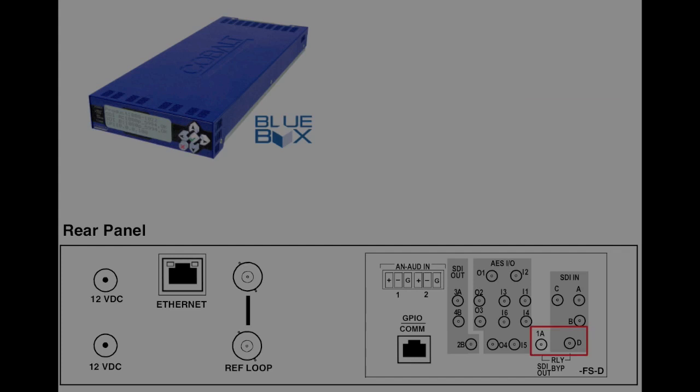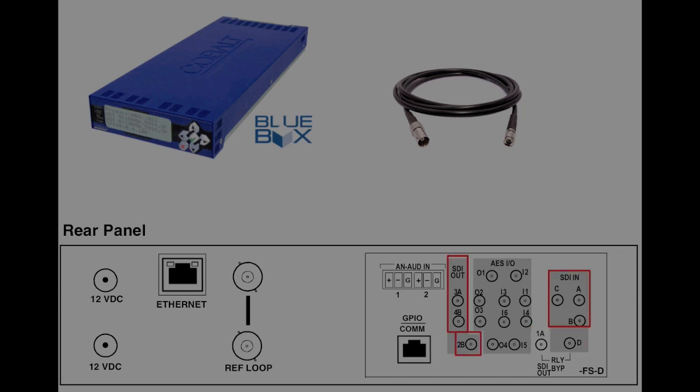The primary channel going into the dual box should go into input D and output A1. This is the relay bypass and will protect in case of loss of power to the rack. This is done through a DIN connector to BNC cable, which you should have. You would need 2 of these, one for the input and one for the output.